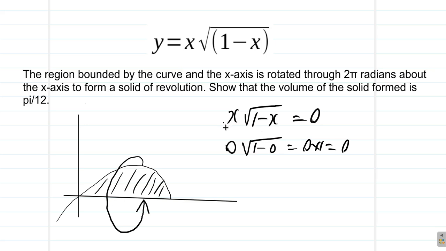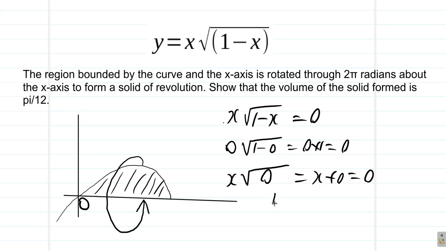Right? And if 1 minus x is 0, then we have x times the square root of 0, which is x times 0, because the square root of 0 is 0. So right here, x is 0.